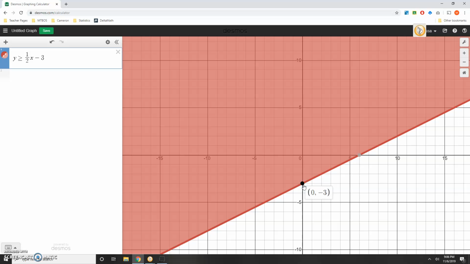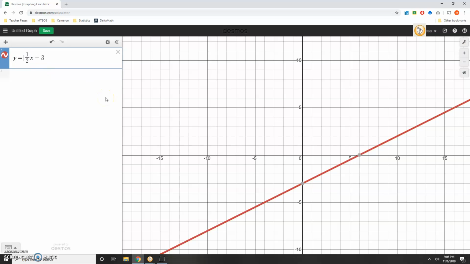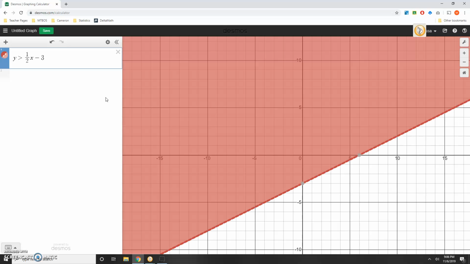We have our y-intercept of -3. We go up 1 over 2, up 1 over 2, up 1 over 2. However, since we now have that greater than sign, everything above this is shaded. Whereas if I were to just have that equal sign, we just have a plain line. However, we have greater than or equal to, so we have everything shaded above, including that line.